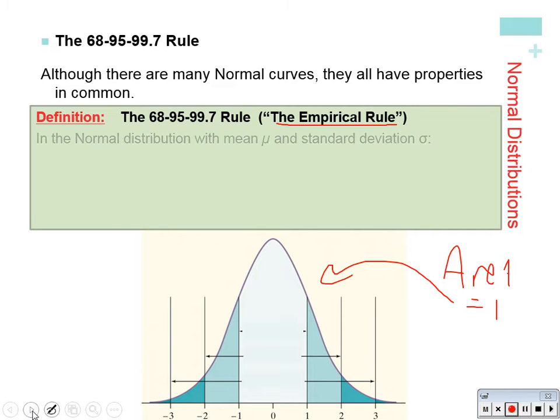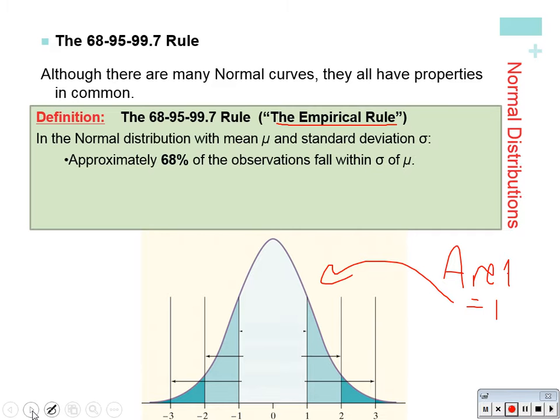When you have a normal distribution with the mean down the middle and a standard deviation value, we know that 68% of data values in a distribution that's normal will fall within one standard deviation of the mean. And that's basically this area in here, from here to here.